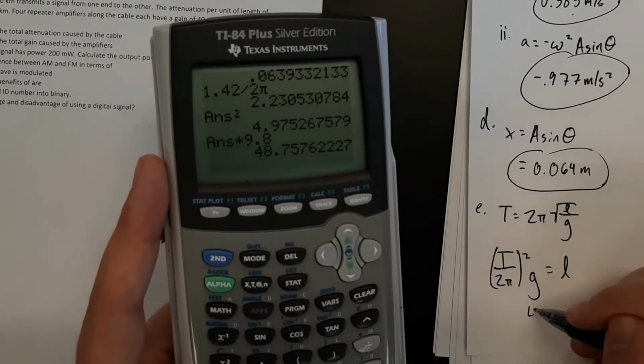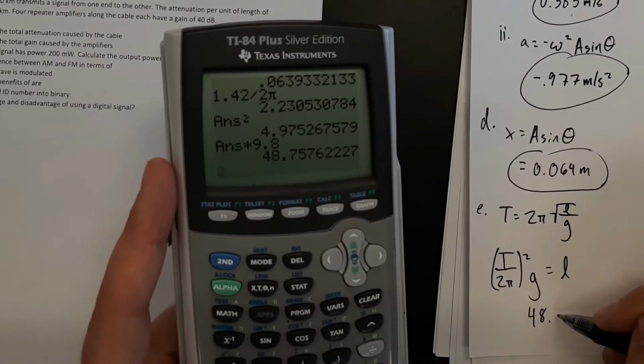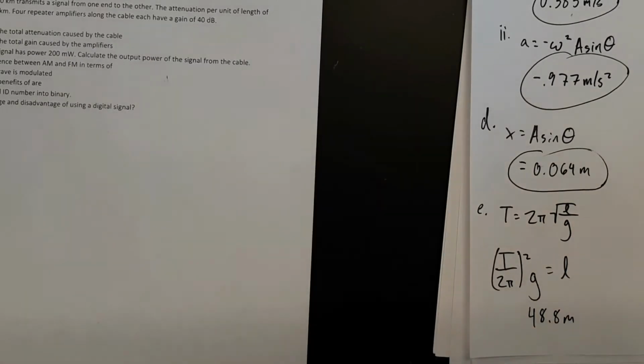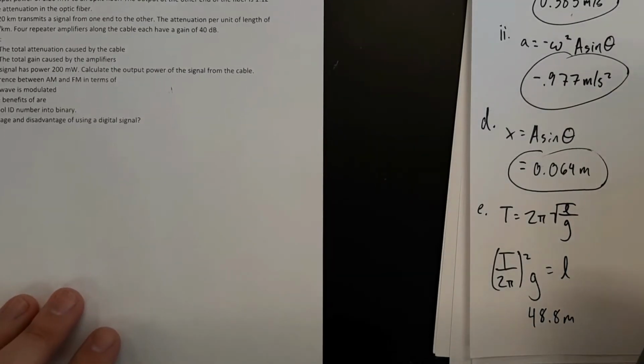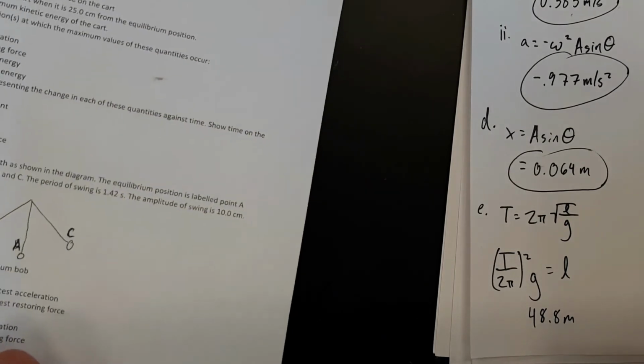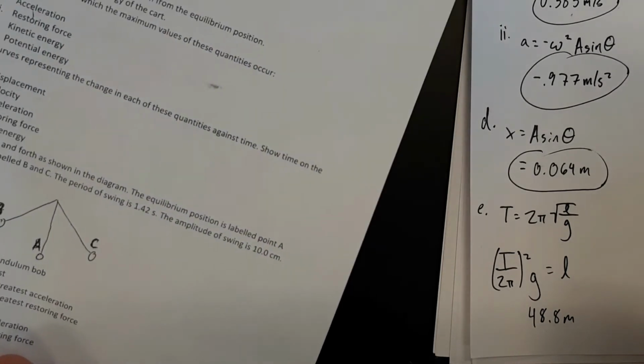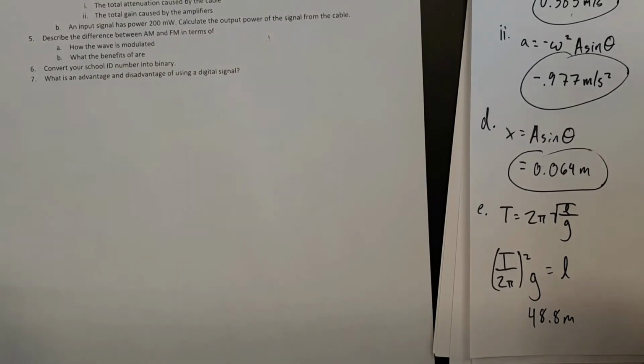We end up with 48.8 meters. It's a long pendulum. 1.42 seconds. The one on the stage was only a period of about a second, so it makes sense that it's even longer. Checks out.